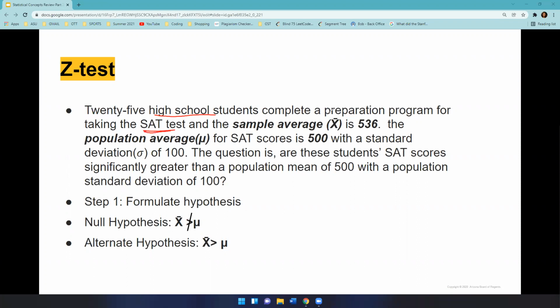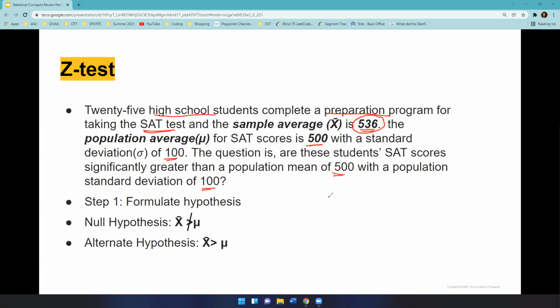After taking that preparation program, the sample average is 536 in the SAT exam, and the population average is 500 with a standard deviation of 100. So the question is, are these students' SAT scores significantly greater than a population mean of 500 with a population standard deviation of 100?